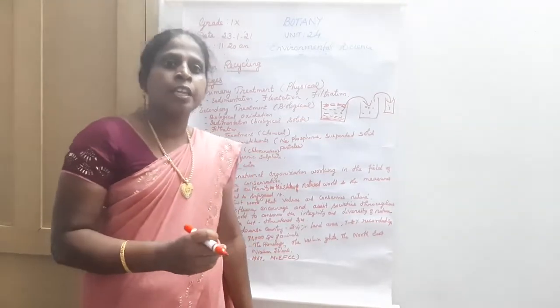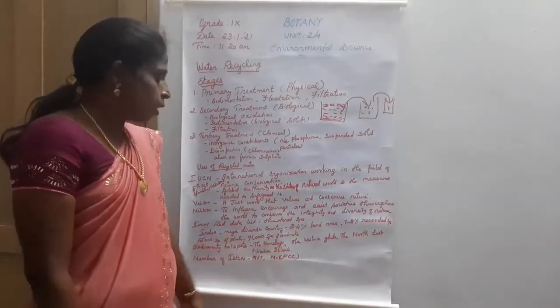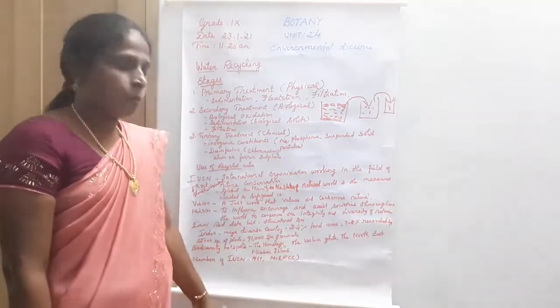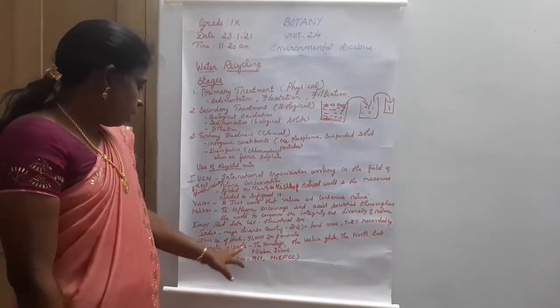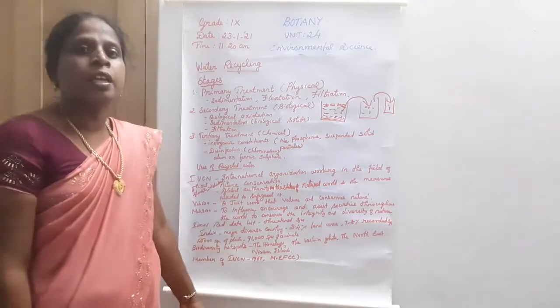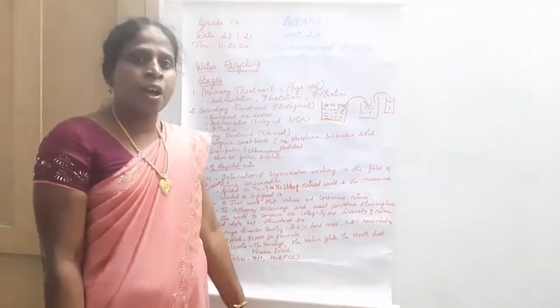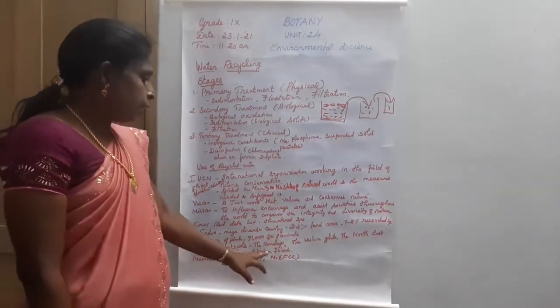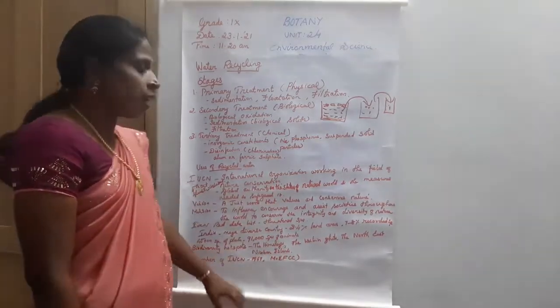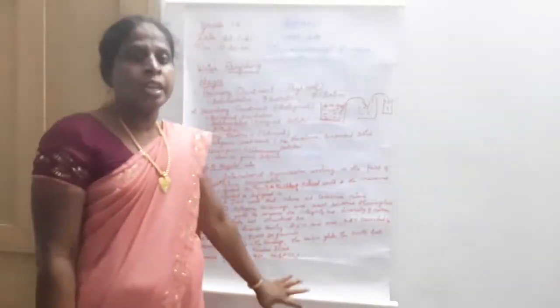See, in India there are 34 global hotspot areas. Among these, the biodiversity hotspots in India are the Himalayas, the Western Ghats, the Northeast, and the Nicobar Islands. These are the biodiversity hotspots present in India.